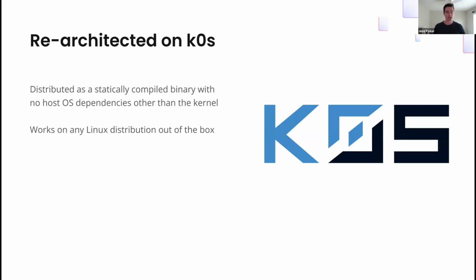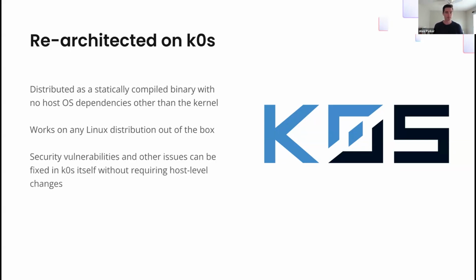That makes installation, pre-flighting, and preparing the environment in advance a lot simpler than kURL, where we had to ship host packages for each of the different operating systems that we supported and maintain support for those over time. Now we can support a much wider variety of operating systems automatically, because pretty much any Linux distribution should work.